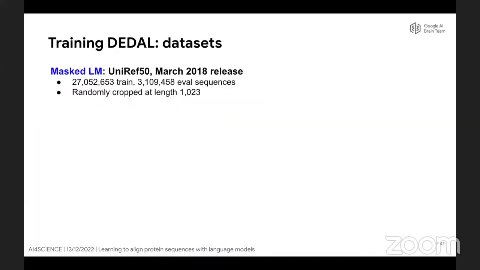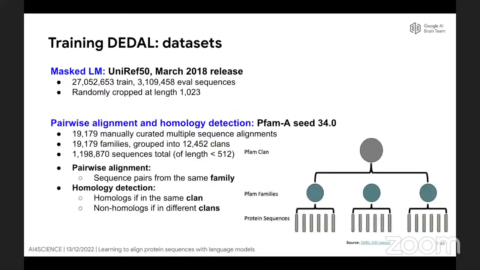Yeah, again, I will pretty much skip this, but for masked language modeling, we just use the UniRef50 database, and then for the sequence alignment and homology detection tasks, we use a database called NASSMA. It has around 20,000 manually created multiple sequence alignments, covering about 1 million sequences, also not a lot of data.